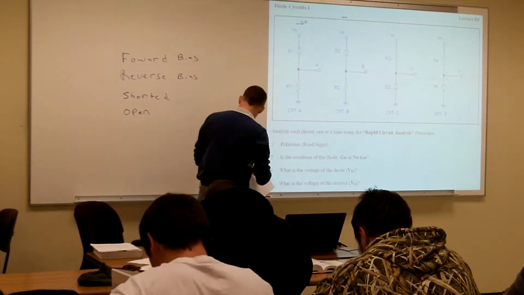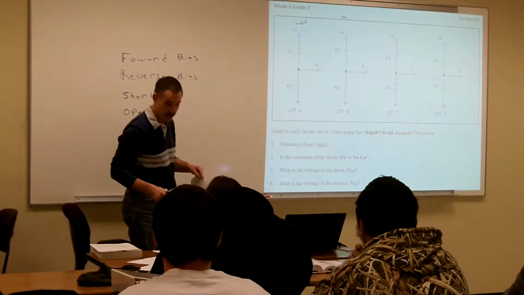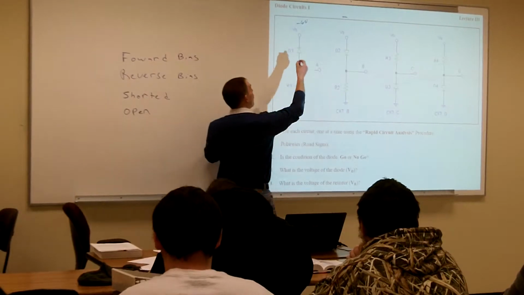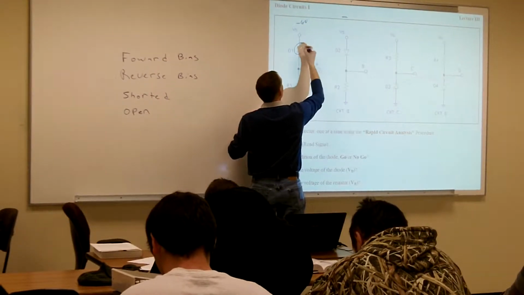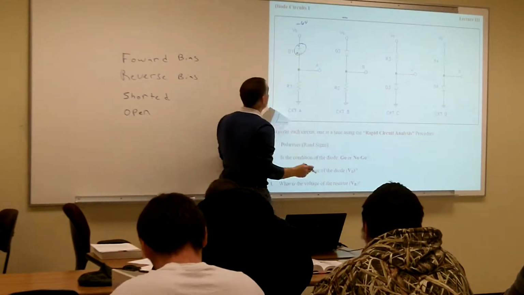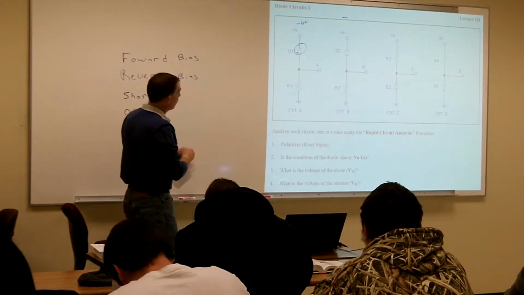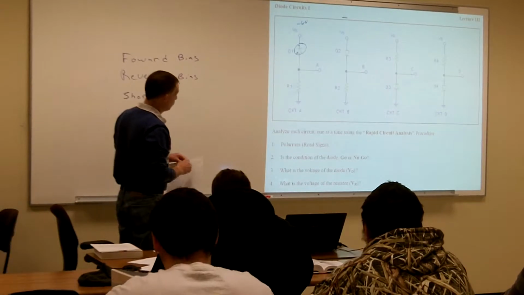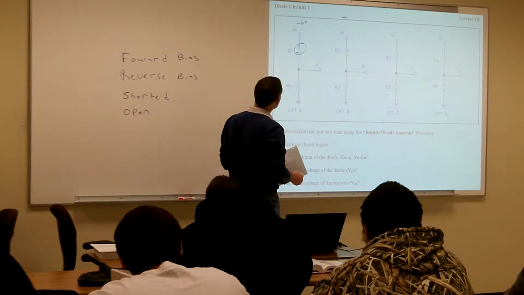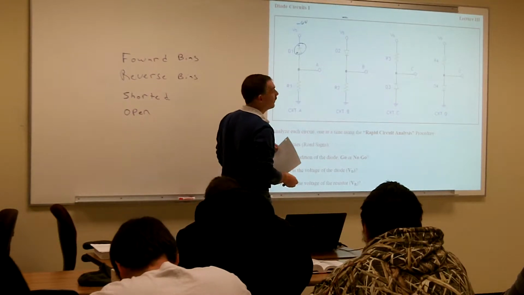What's my first step when I'm analyzing the active component, the semiconductor? Put your polarities inside there. And then what's my next step? Treat the diode as an open.